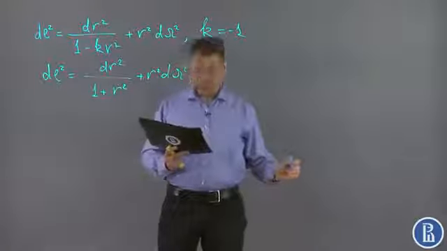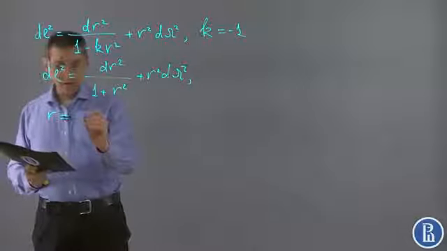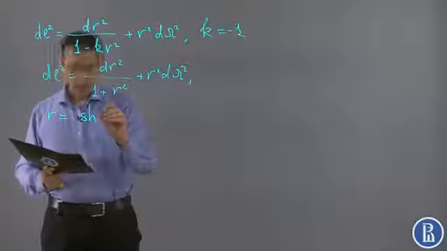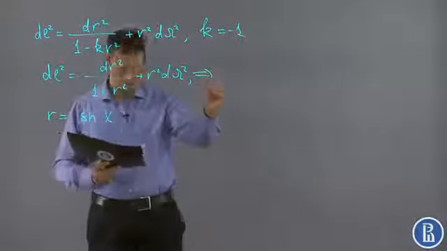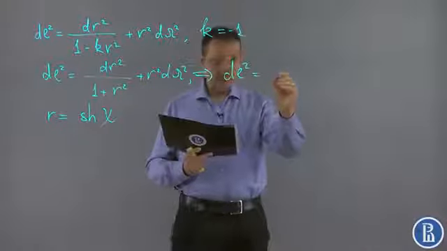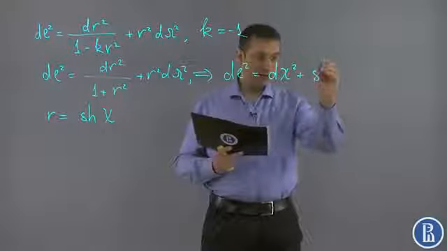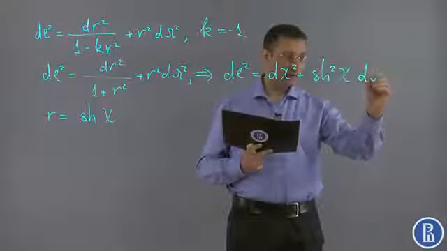Now, if one makes a change that r is equal to hyperbolic sine, sinh, of chi, then this metric acquires the following form: d chi squared plus hyperbolic sine of chi squared d omega squared.